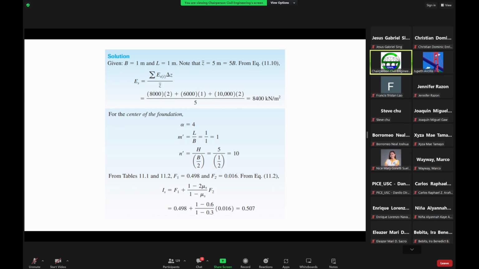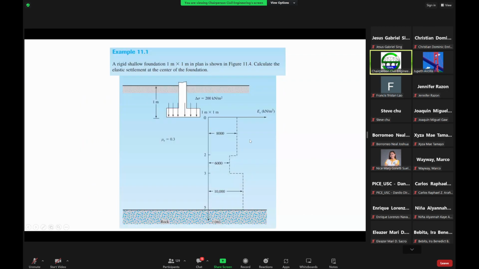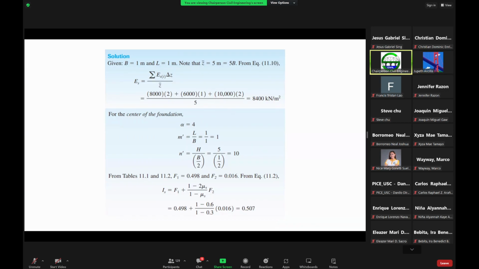Since we have different elastic moduli, we can try to get the average elastic modulus using this formula, wherein this is just the sum of the individual layers. So for example, 8,000 times 2 meters, plus 6,000 times 1 meter, plus 10,000 times 2 meters, because you have here 2 meters, 1 meter, and 2 meters, all over z bar, where z bar is 5 meters, equal to 5 times the width of the foundation, which is 1 meter.